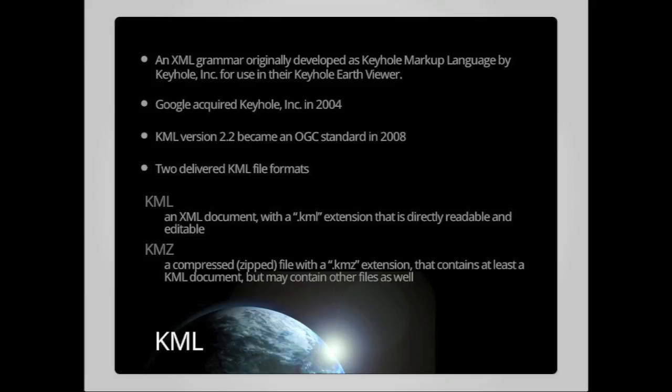within that compressed archive. If you want to look at the contents of a KMZ file, you would typically either open it up in an application that directly understands the KMZ file format, Google Earth, for example, or you could otherwise decompress that file, which in some cases requires you to change the file name extension from KMZ to zip so that the operating system recognizes it as a zipped archive, for which you can then use whatever tools are on that operating system for opening up and decompressing that zipped archive.